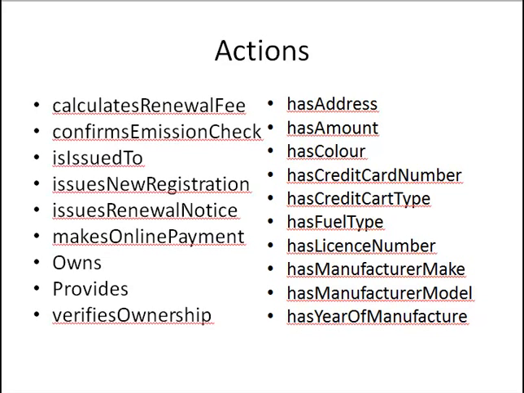There are additional actions such as has address, has amount, has color, has credit card number, has credit card type, has fuel type, has license number, has manufacturer make, has manufacturer model, has year of manufacture.